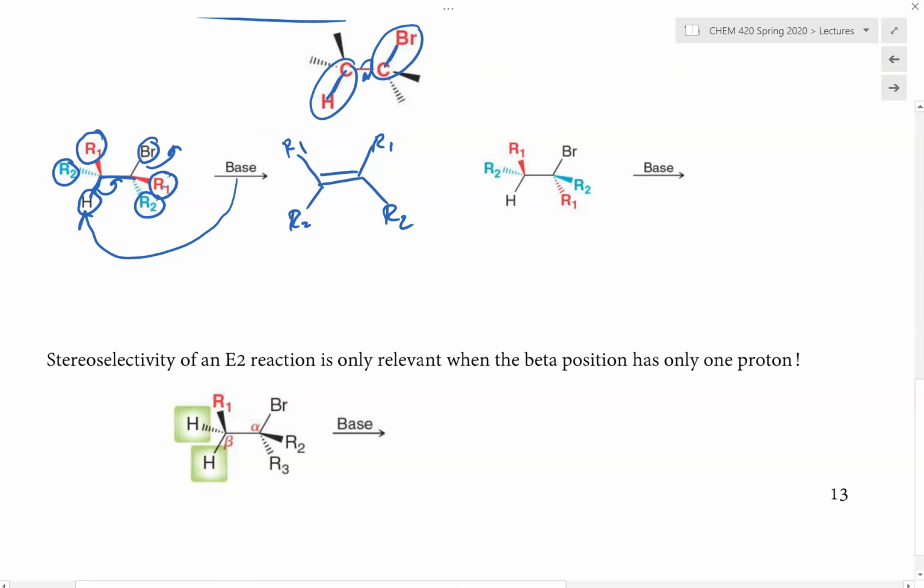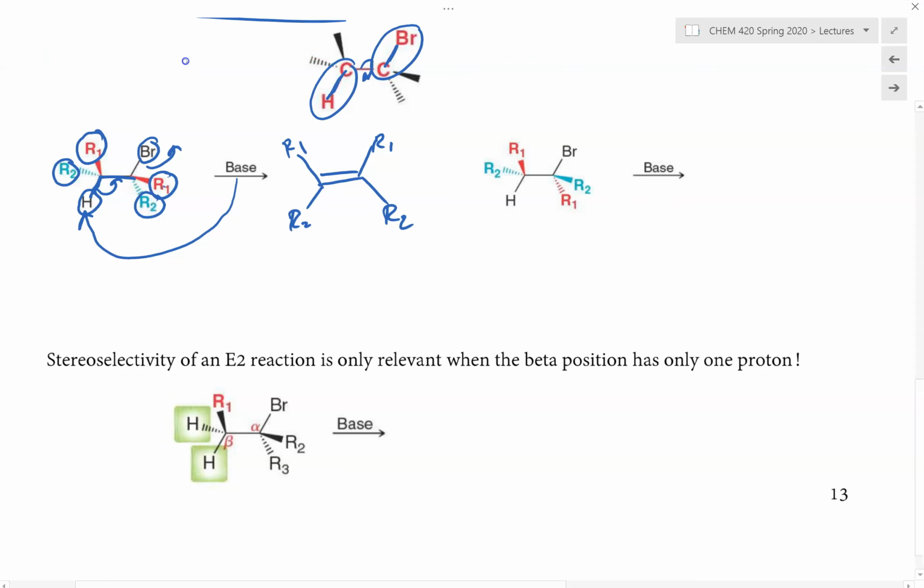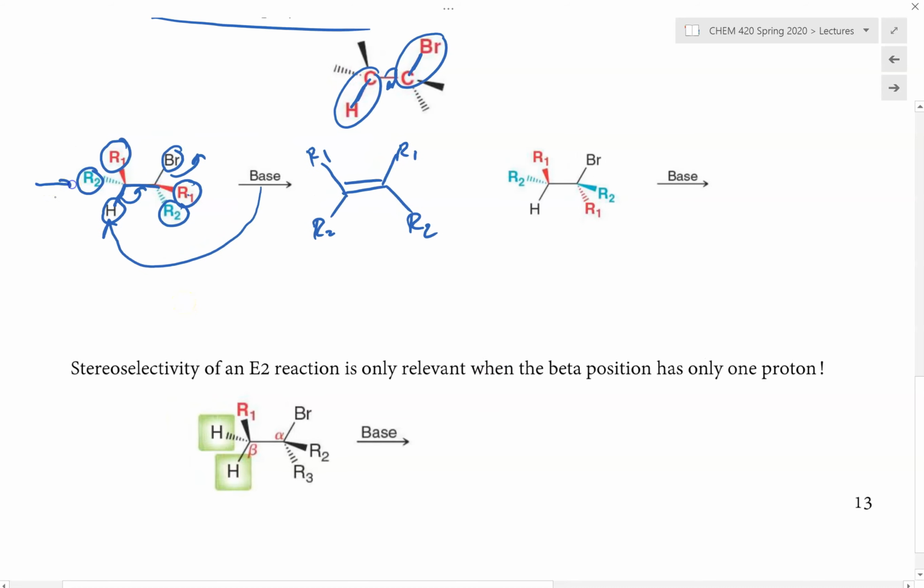Now another way for us to view this is to look at the Newman projection. When we draw the Newman projection, this is the structure of this molecule. If we were to view from here, our front carbon would have the hydrogen pointing down. And now the R1 would be on the right side, and the R2 on the left side.